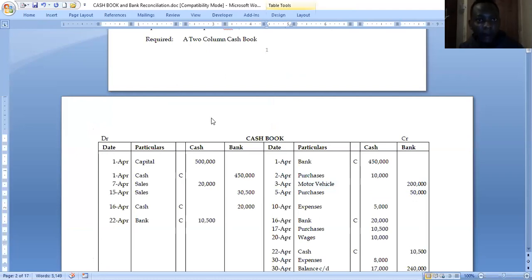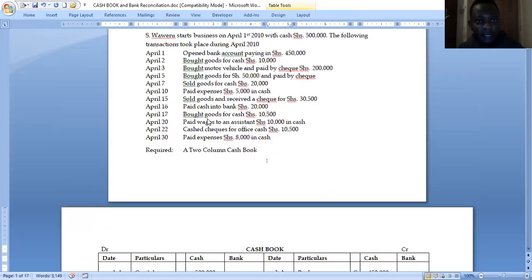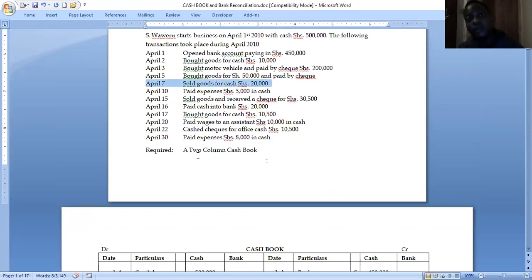Then we move on to our sixth transaction. Sold goods for cash, 20,000 shillings. So in this case, the two accounts are sales and cash account. Both are increasing. Sales is increasing, cash should also be increased because cash is coming in.